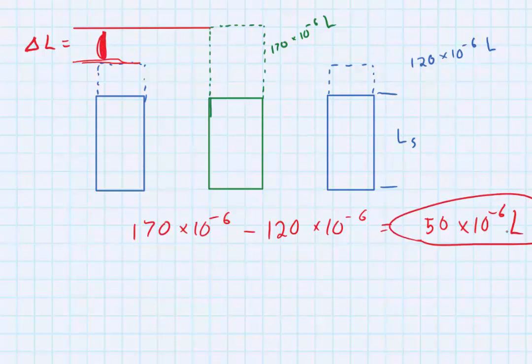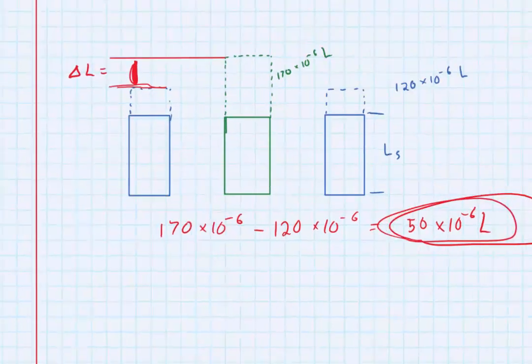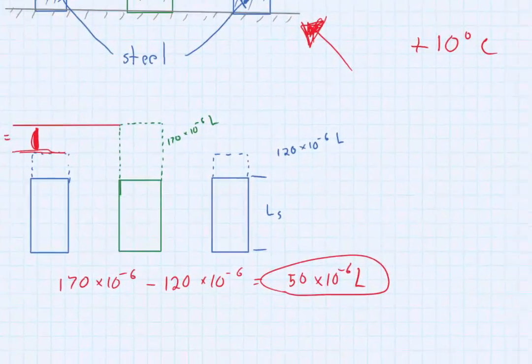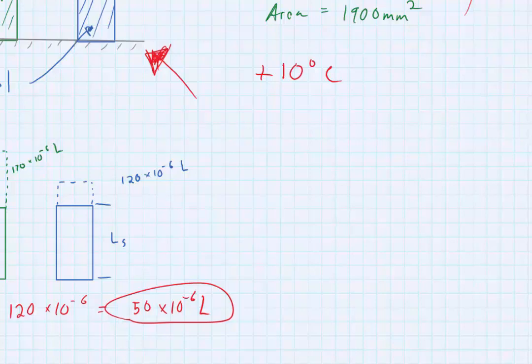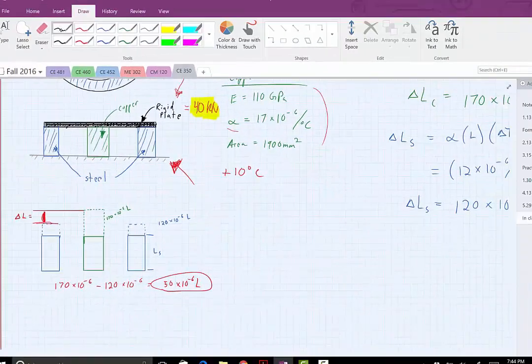And that's important, and the reason why is because now we've determined the thermal expansion, how much they increase, right? That was the first step. The second step was what happens when we apply 40 kilonewtons of loading due to this rigid plate. So think about what happens.